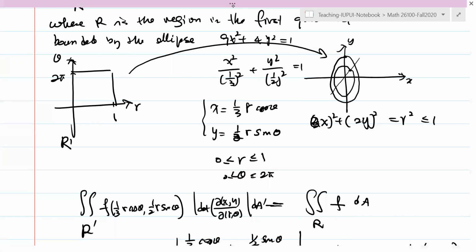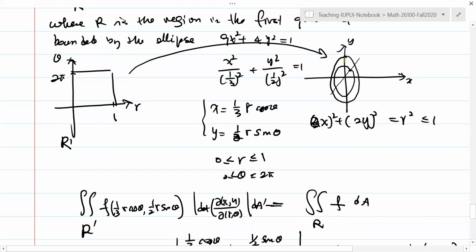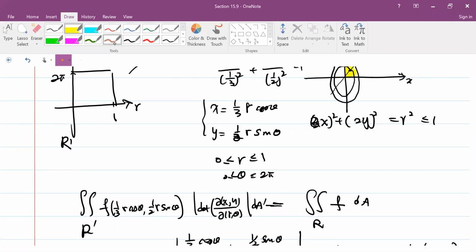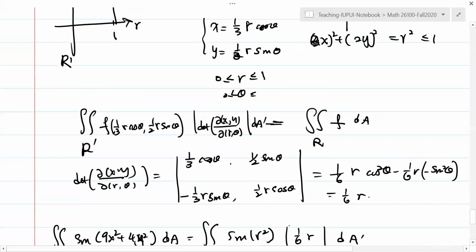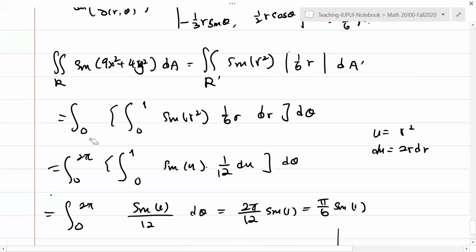It's in the first quadrant, so my θ is only π over 2. Yeah, θ is π over 2, so I have to constantly modify. At the end, you should double check your work.